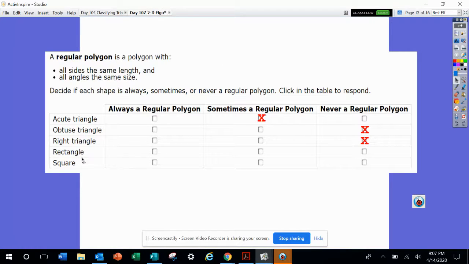Well, what's the only time that a rectangle is considered a regular polygon? It's when it's a square, otherwise it's not. So that is sometimes a regular polygon. A square, by definition, has all 90-degree angles, so they're all the same, and all the side lengths are the same as well. So a square is always a regular polygon.